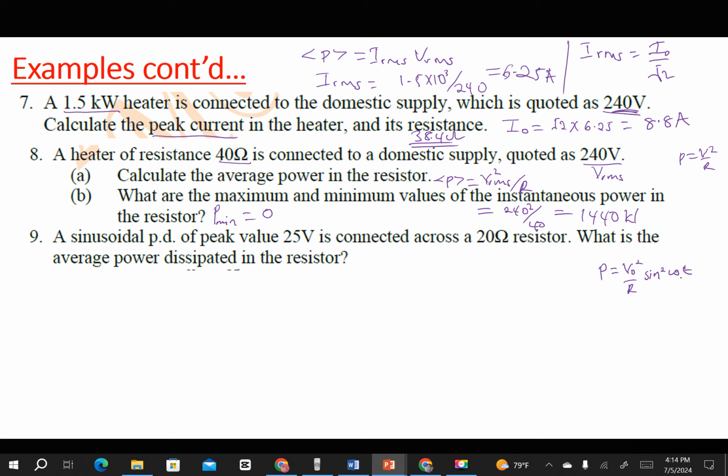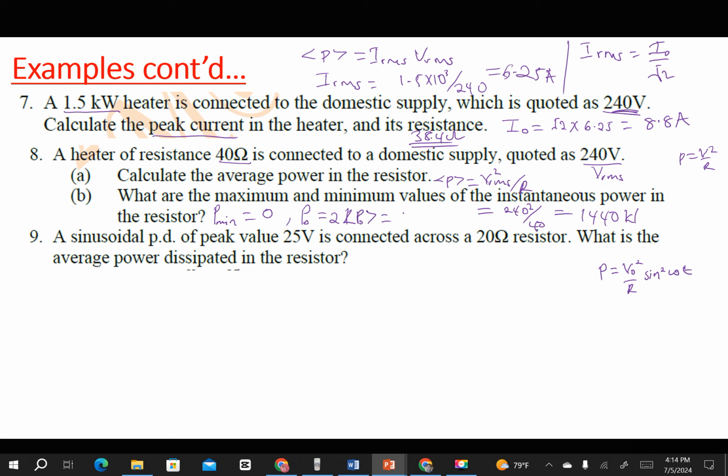Then when t equals any other values, the power will vary up to when sine squared omega t equals 1, the power will be maximum. So the minimum power is going to be 0, and the maximum power will be equal to V naught squared over R, which is the same as V root mean square squared over R.